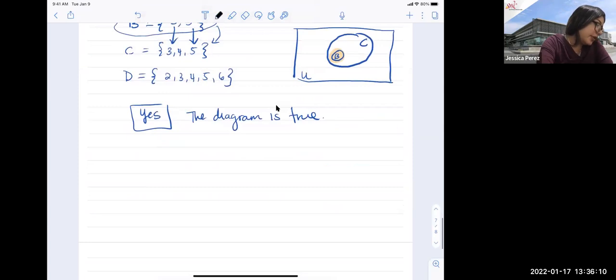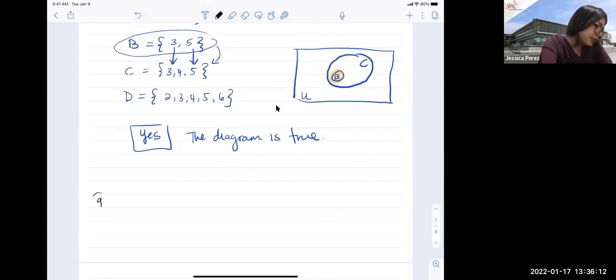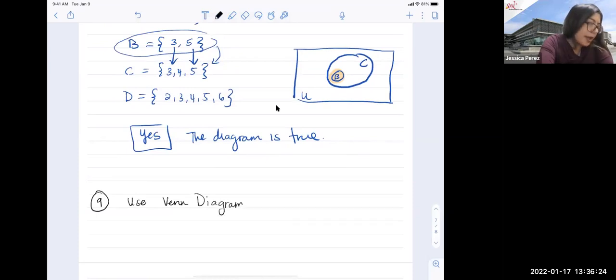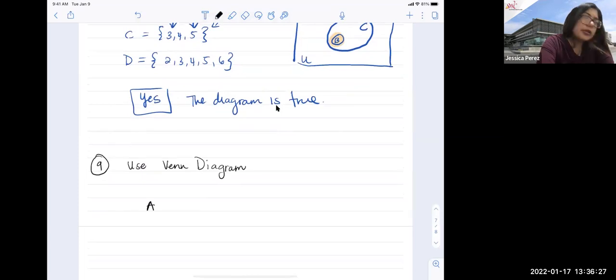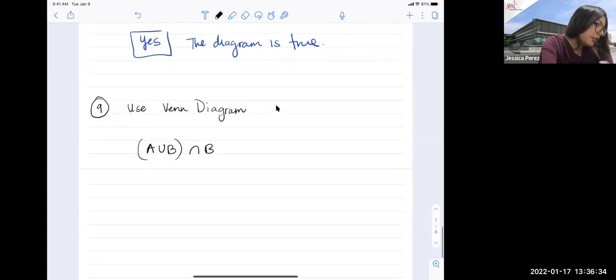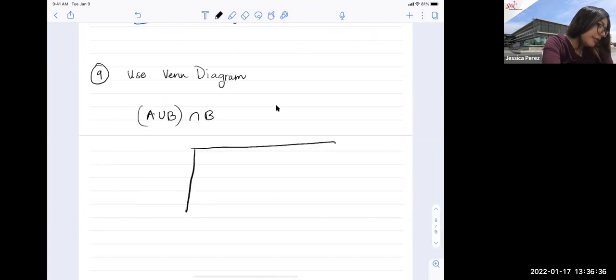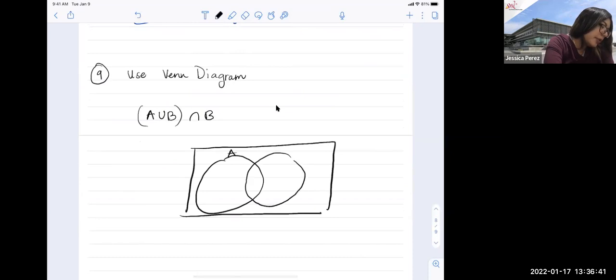You should be familiar with Venn diagrams by now. You should have seen them. So it says use a Venn diagram if I have, let's say, A and B intersect. So first you have the set A and the set B. I'm going to color it in first and then I'm going to erase it.